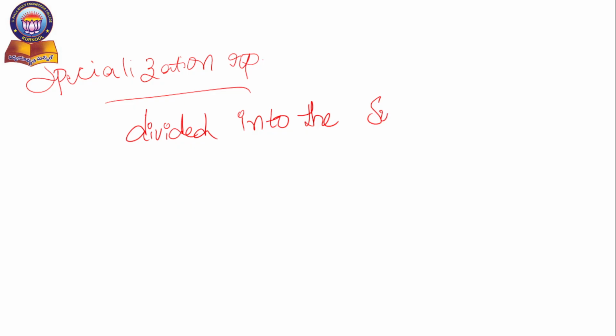Next one, specialization relationship. What is meant by the specialization relationship? An entity is divided into sub-entities based on their characteristics. Generalization follows the bottom-up approach, and specialization follows the top-down approach.